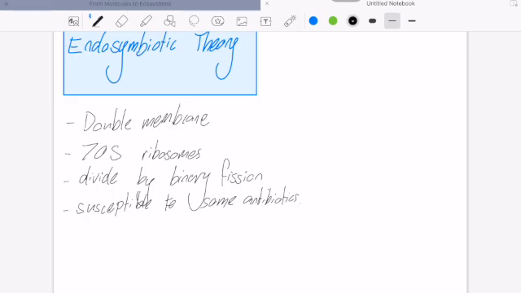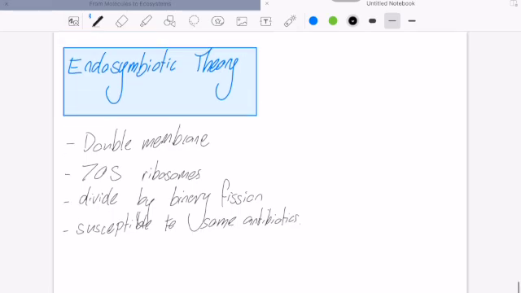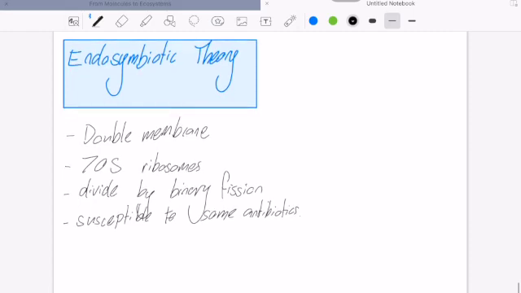So when we're looking at chloroplasts and mitochondria, it is very important to realize that if they get affected by these antibiotics, not only will it be difficult to manage in terms of the medical field, but it also provides a piece of evidence that they were once their own prokaryotic cells.